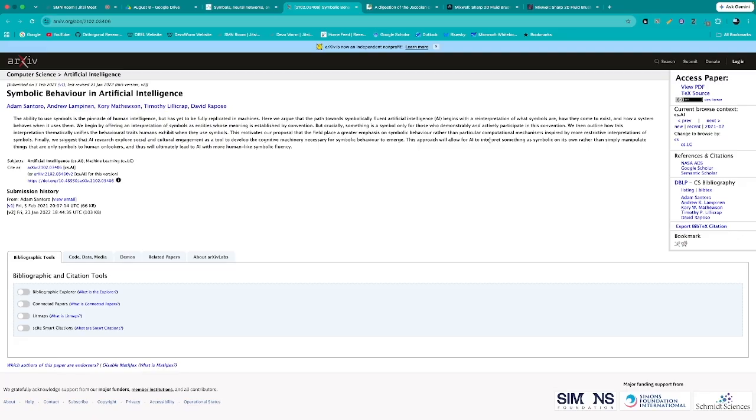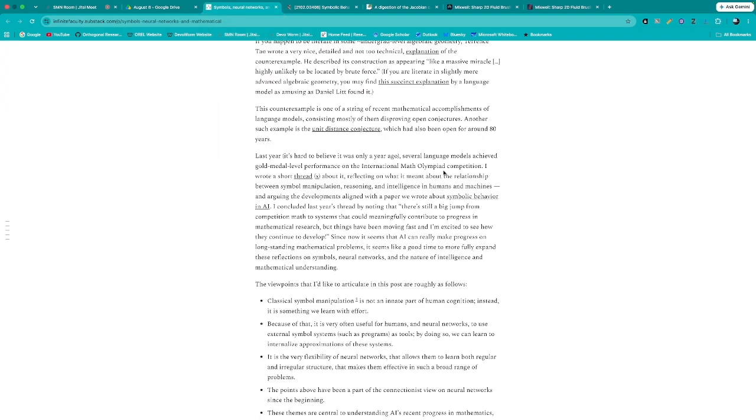This approach will allow for AI to interpret something as symbolic on its own, rather than simply manipulate things that are only symbols to human onlookers, and this will ultimately lead to AI with more human-like symbolic fluency. Okay, so this is kind of the basis for this discussion as well.